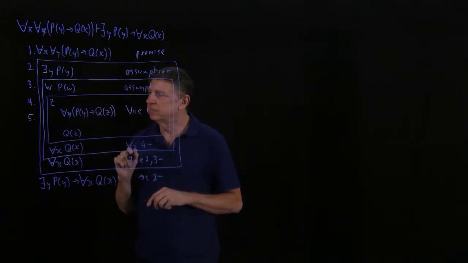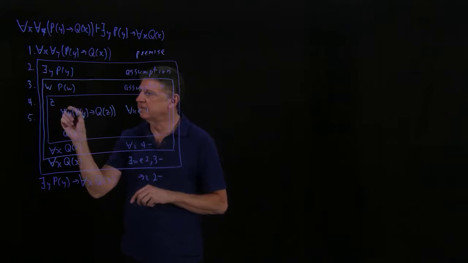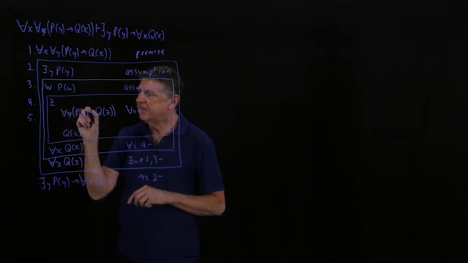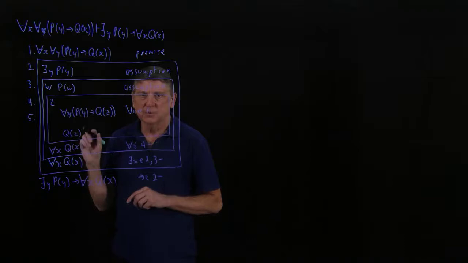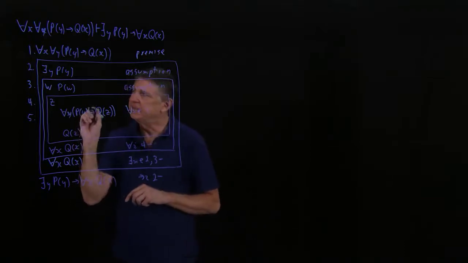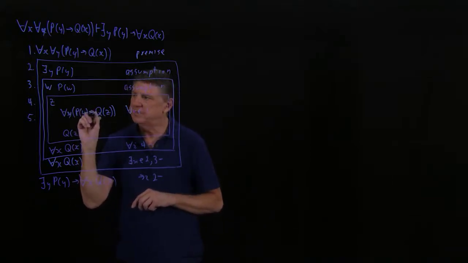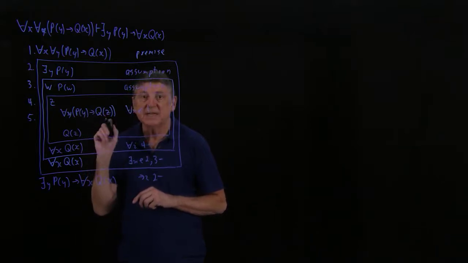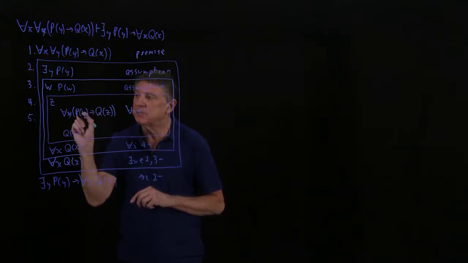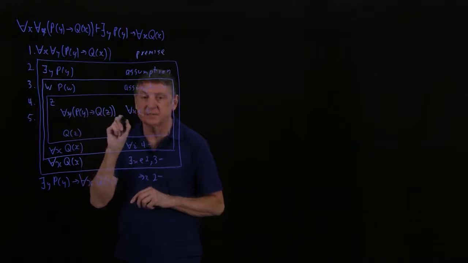Then I ask myself, what could I do? Well, here I have a universal quantifier, and I would like to replace it. The thing I'd really like to replace it with is w. Am I allowed to do that? Well, the answer is yes, as long as w doesn't get bound by that substitution.